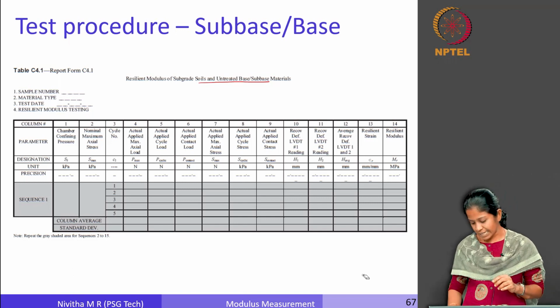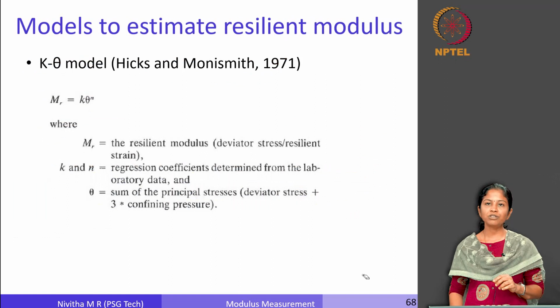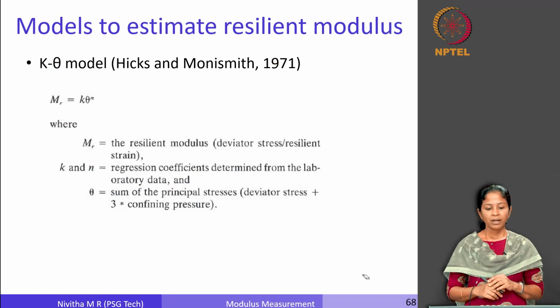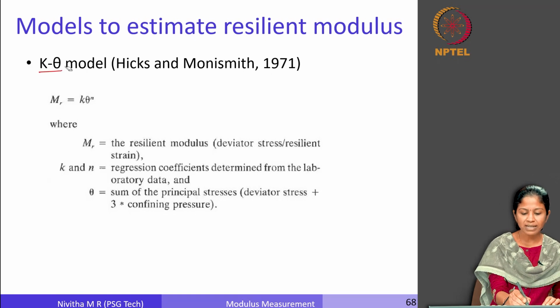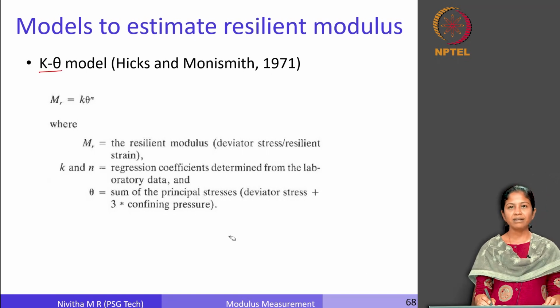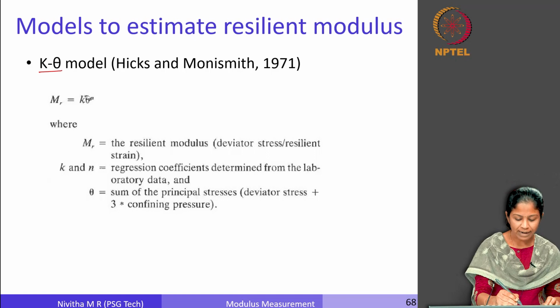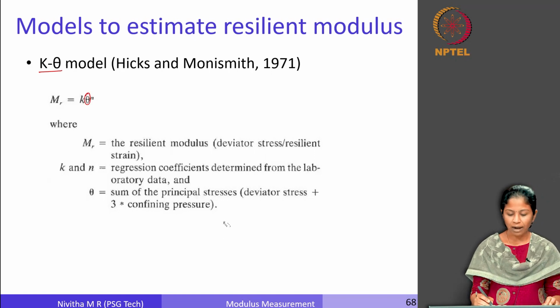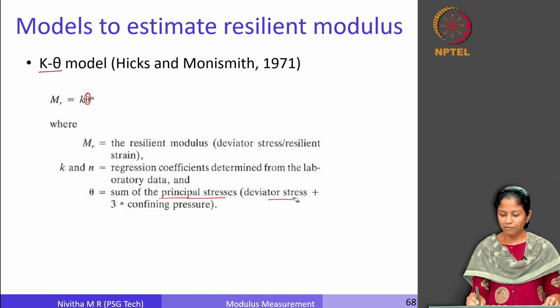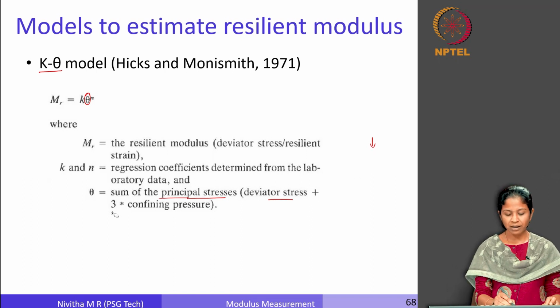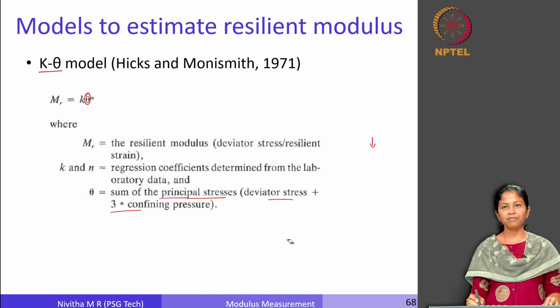Now we are going to see some models which are used to calculate resilient modulus. The initial model which was proposed is called the K theta model, wherein the resilient modulus is calculated from theta, which is the sum of the principal stresses, which is the deviator stress or the axial stress plus 3 times the confining pressure.